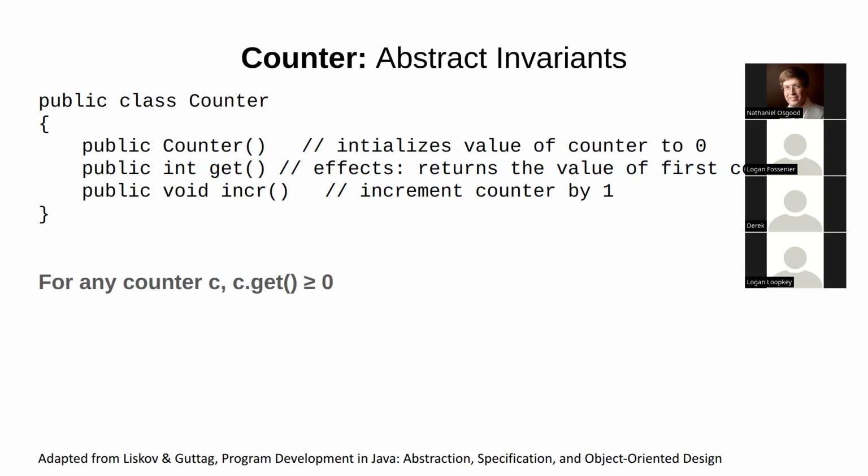I prefer to think of this as something that holds at any one time. It's something I can count on being the case as a property of this thing, rather than a result of an interaction between different particular methods. The algebraic properties are dealing with interactions between these methods. Like, you call it twice, you get back something that's the same as calling it once. You call increment and then get, and you get back something that's one more than if you had called just get before.